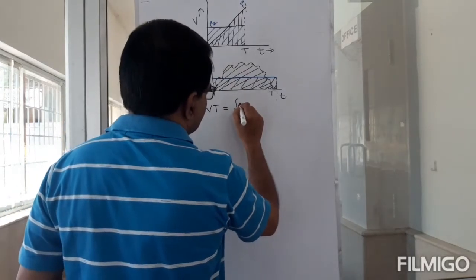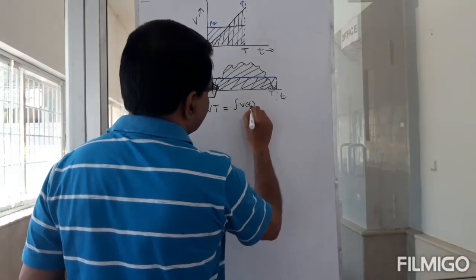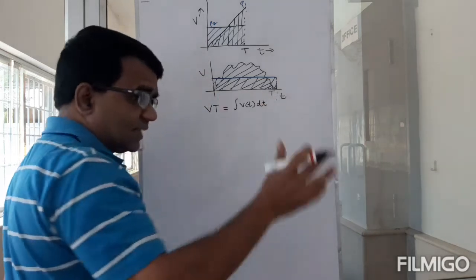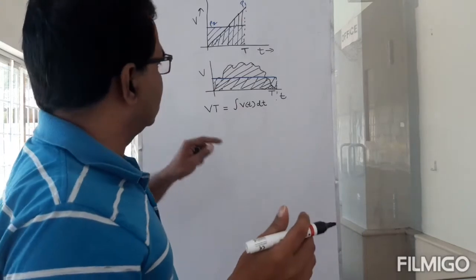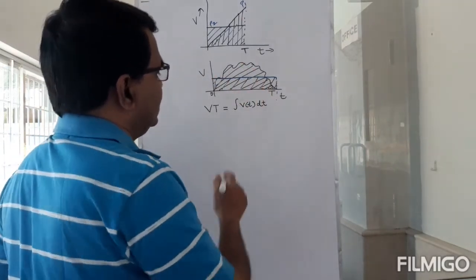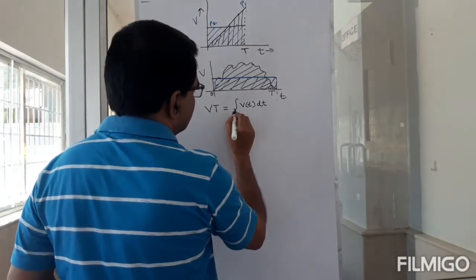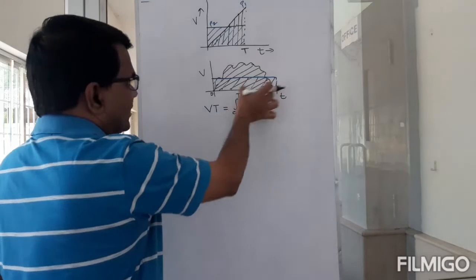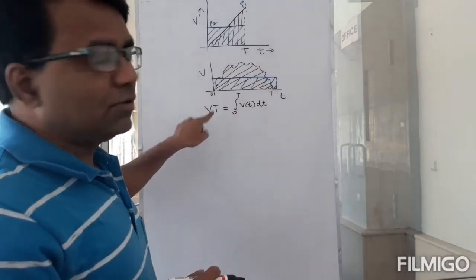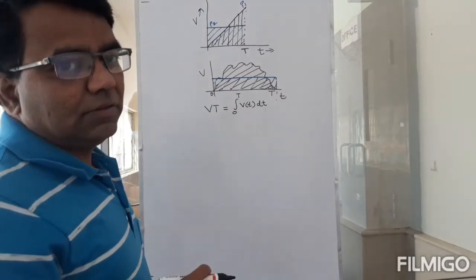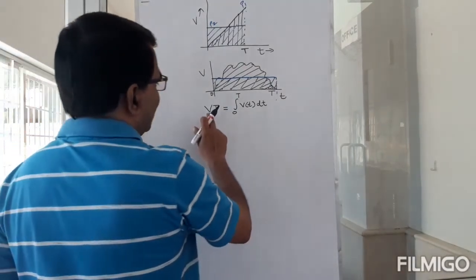So you say V of t into dt, and then you have to integrate it between limits. What limits? 0 and t. So you start from time 0 and then you go to time t. So this area must be equal to this simple area. Then what is V?